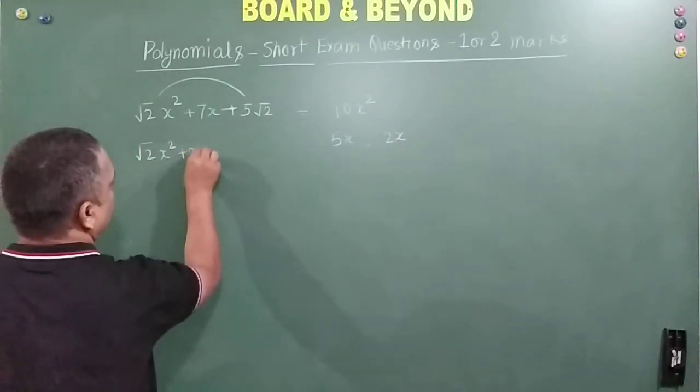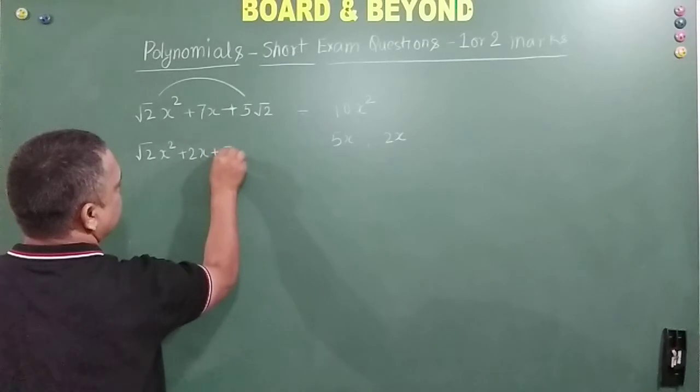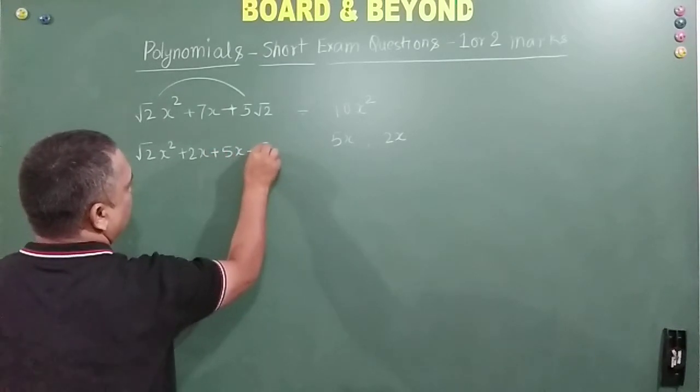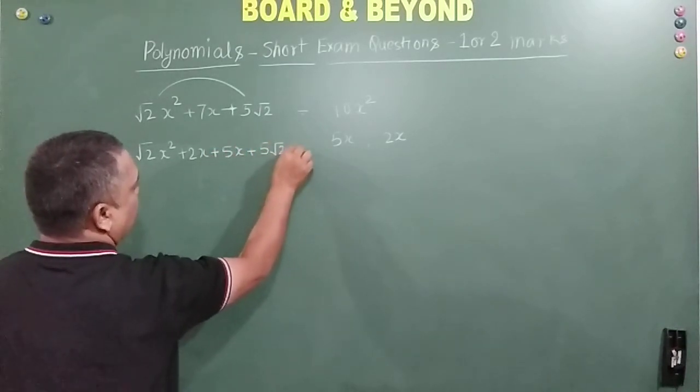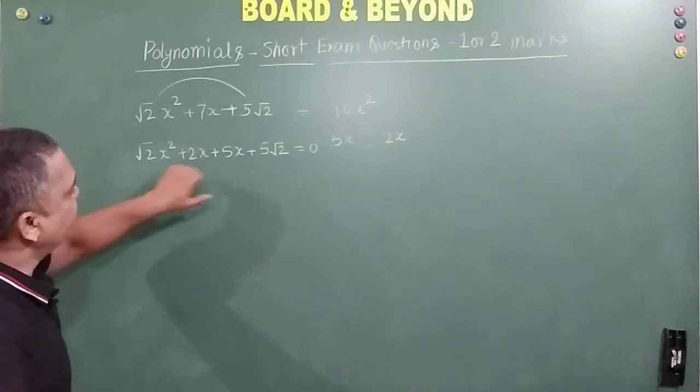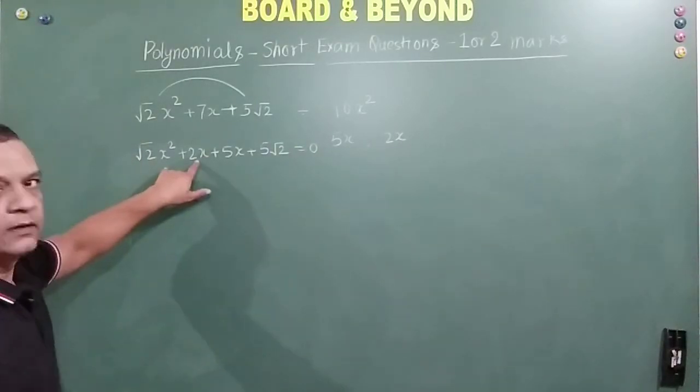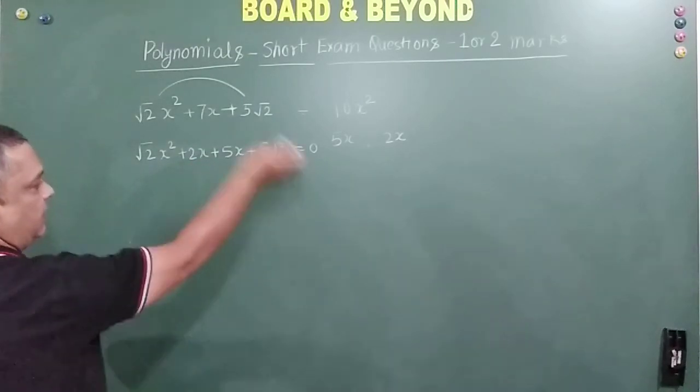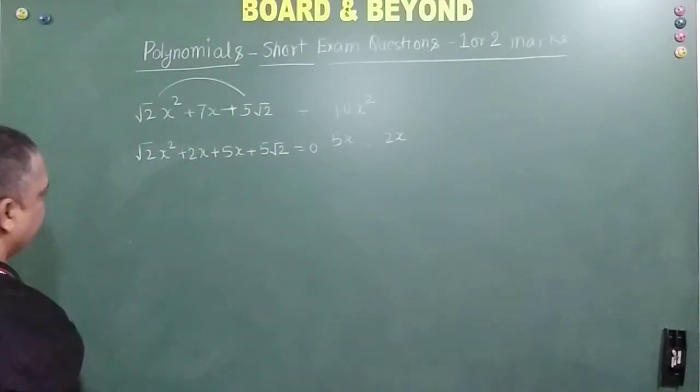In a short while you will come to know why I have done this. Because if I take 5x here, I will not be able to take it common. That is why I have interchanged: 2x I have written here, 5x I have written here.